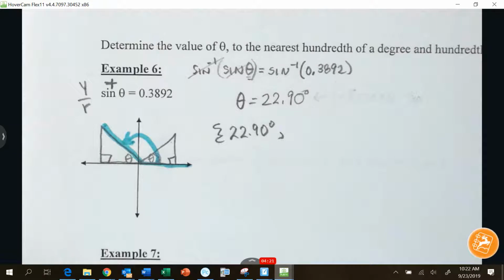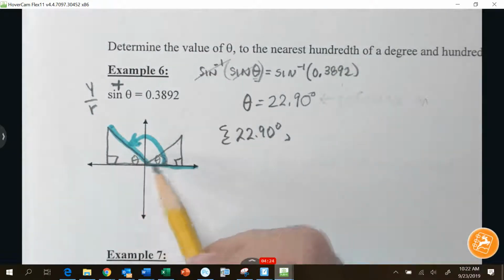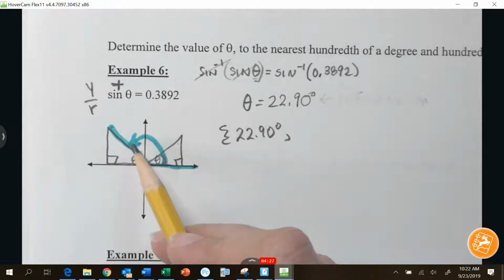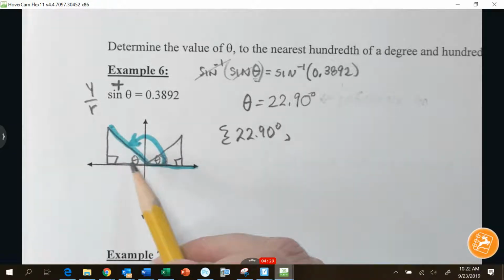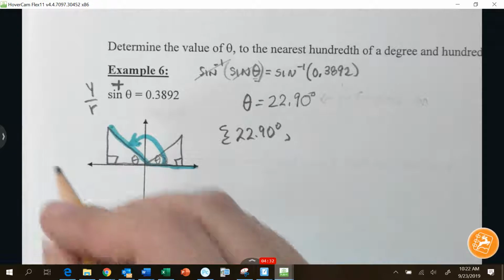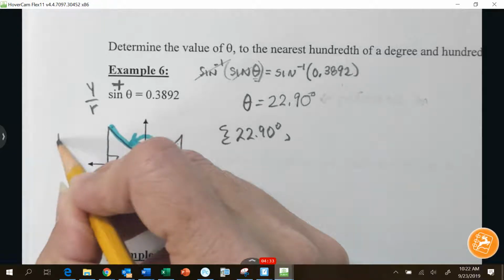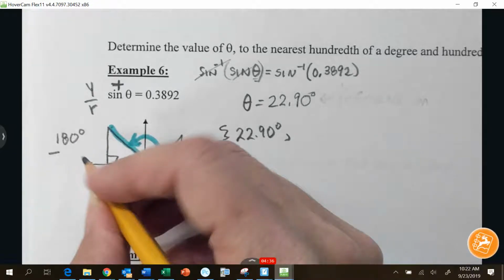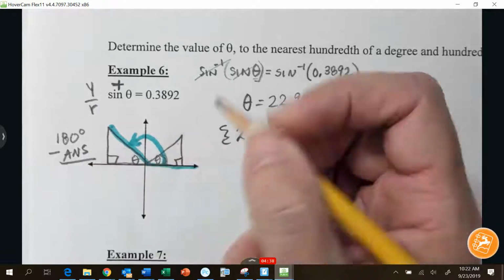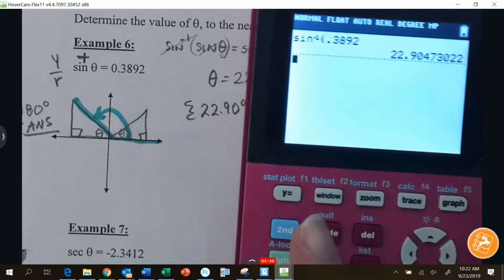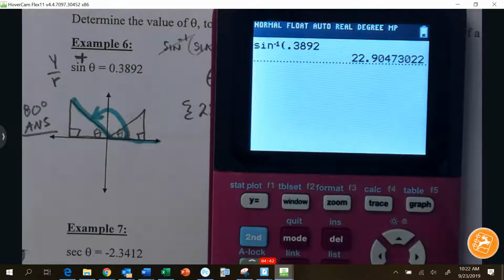So this is not doing a full 180. I take 180 and I subtract off my answer, which is 22.90. I'm going to use my calculator and I'm going to do 180 minus the answer. Do you guys know how to use the answer button? Are you doing it with me or are you just watching me do it? It's best to do it with me.